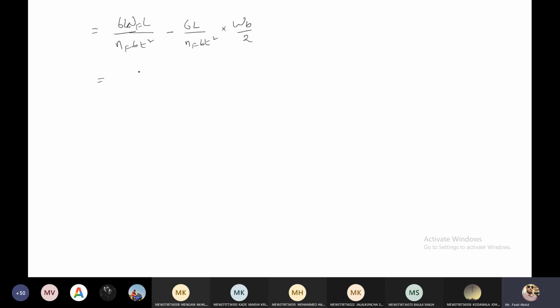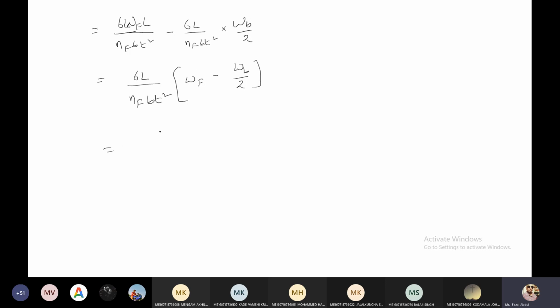Now simplify this one. 6L, make it common, by NF BT square. So WF minus WB by 2 is inside. Now what is WF, what is WB? Just now we calculated.